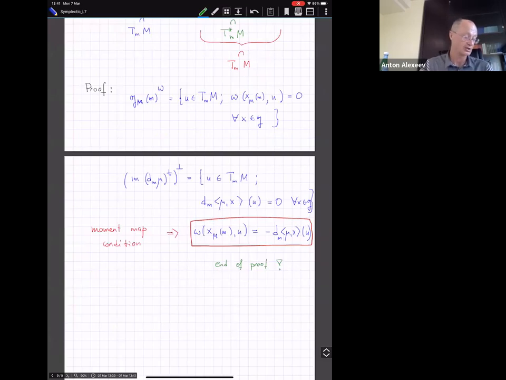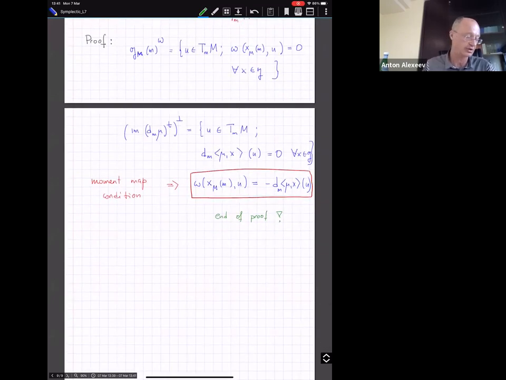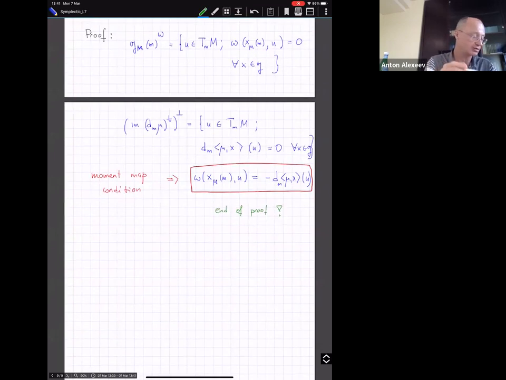Okay. So yeah, it was technical, but we'll see that it's actually very useful. And maybe before jumping into this theorem, let me make a couple of remarks.